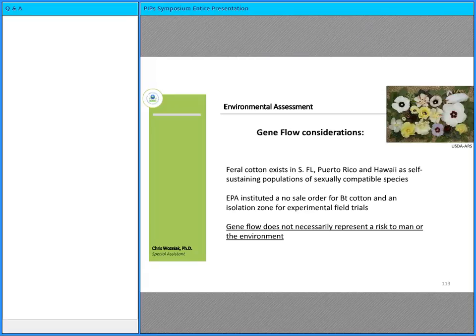And again, I want to reiterate that we didn't look at this and say it's going to turn cotton into a weedy plant, but we had to know to what degree gene flow is occurring and also what would be the potential impacts to the environment.